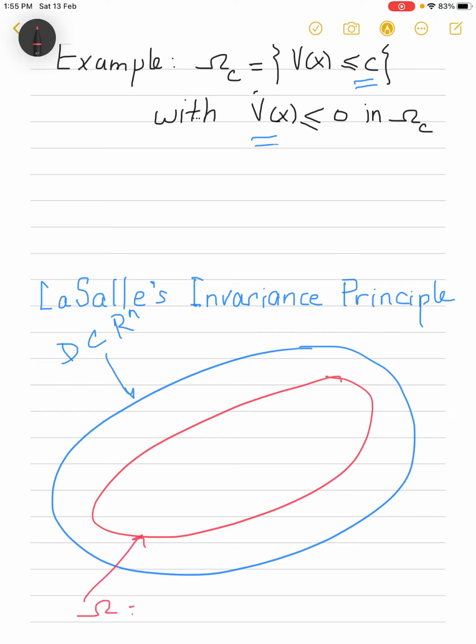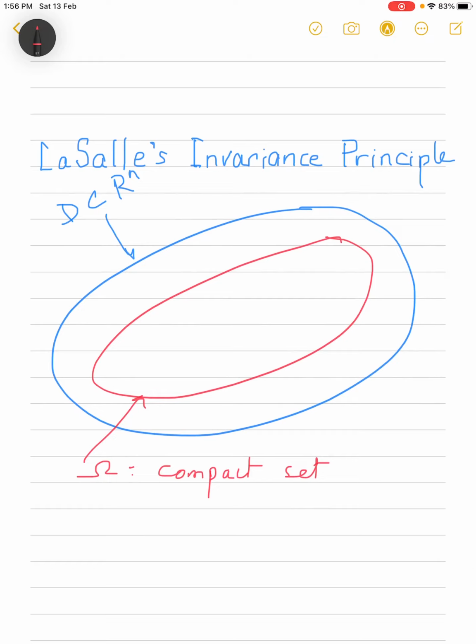So omega is a compact set, which means that it is bounded and closed, and it is a positive invariant set with respect to the autonomous system x dot equals f of x. That of course means that if we start with an initial condition within the domain defined by omega, then the trajectory of the solution will remain inside that domain.